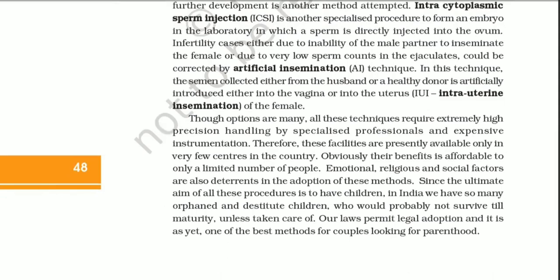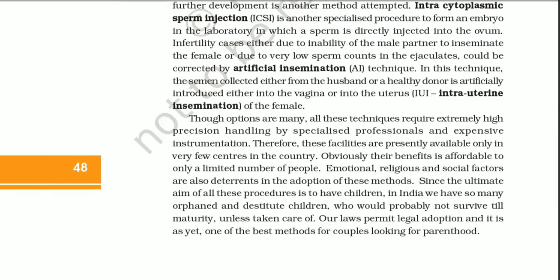Though options are many, all these techniques require extremely high precision, handling by specialized professionals, and expensive instrumentation. Therefore, these facilities are presently available only in very few centers in the country. Obviously, their benefits are affordable to only a limited number of people. Emotional, religious, and social factors are also deterrents in the adoption of these methods.